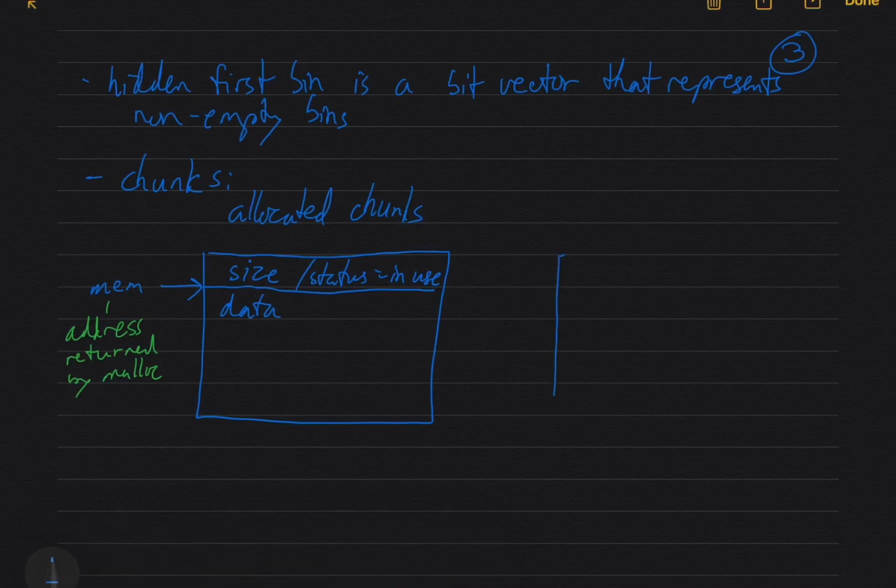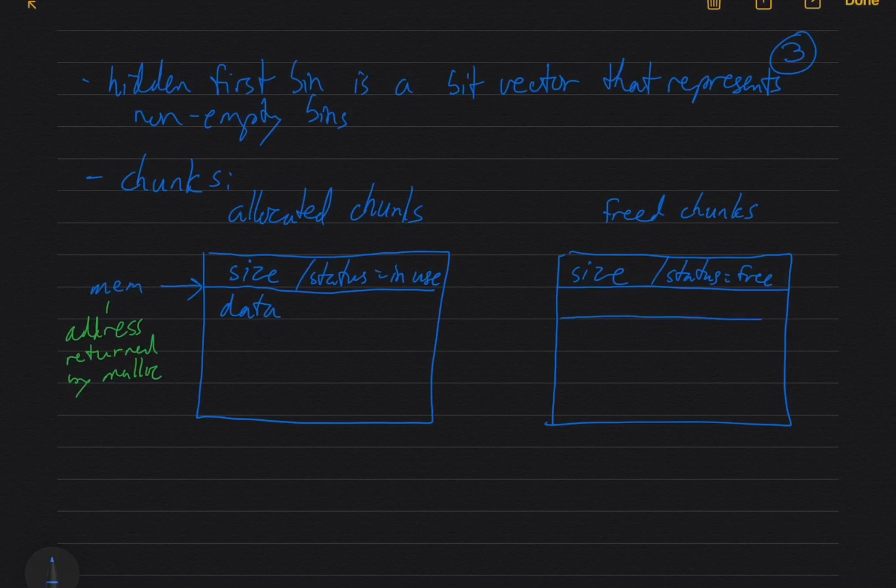And then we have the free chunk. There's still the size information, and in this case the status is free, so that's all stored in a double word. On our ARM processor, that would be an 8-byte row there.